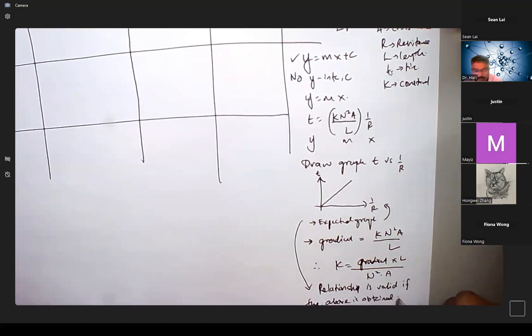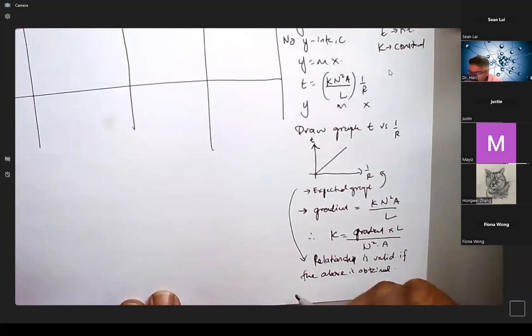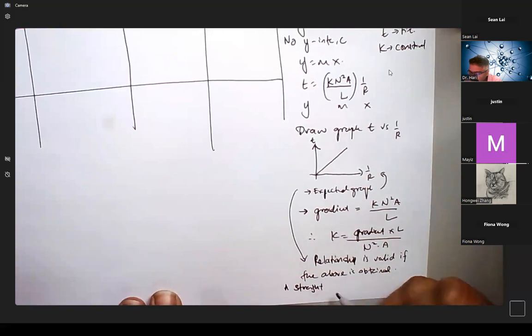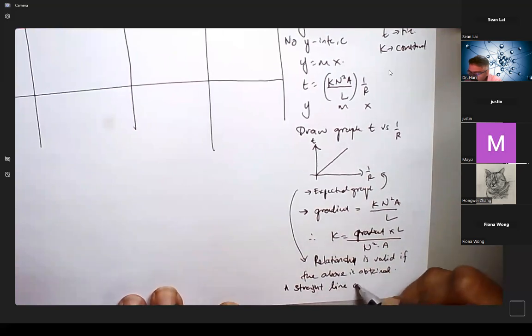You can write like that. If you don't want, then you can state a straight line graph through the origin is obtained.